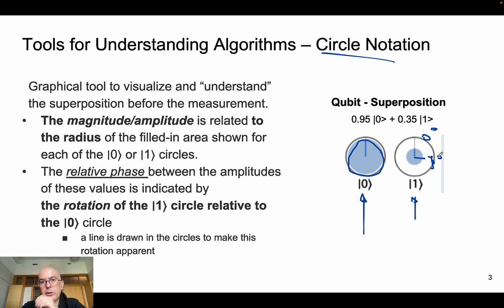Throughout this module and the next module, we're going to use the circle notation to visualize the superposition and the relative phase of the quantum bits. You will see how powerful it will be. Anyway, I'm going to spend a little bit of time in the next lecture on this.